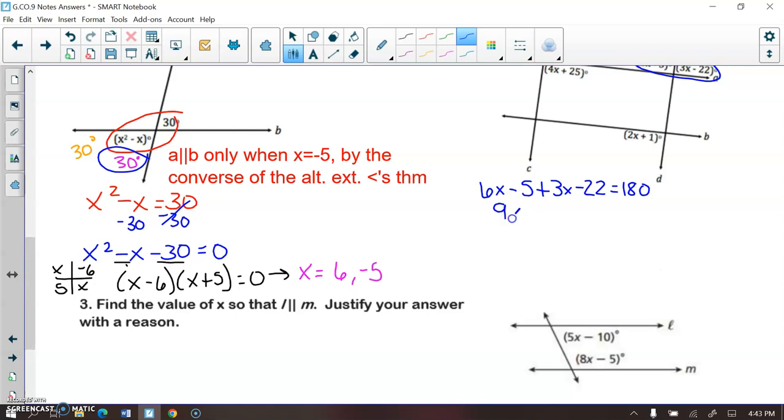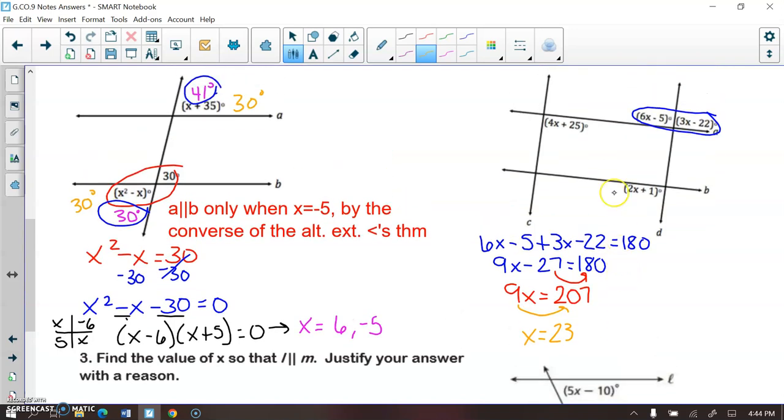Combining like terms, I get 9x minus 27 is equal to 180. Adding this 27 over, I get 9x is equal to 207. And dividing the 9 over, I get x to come out to be 23.